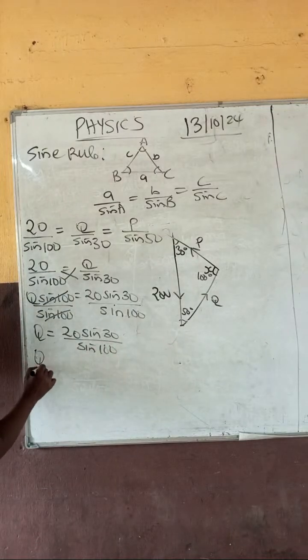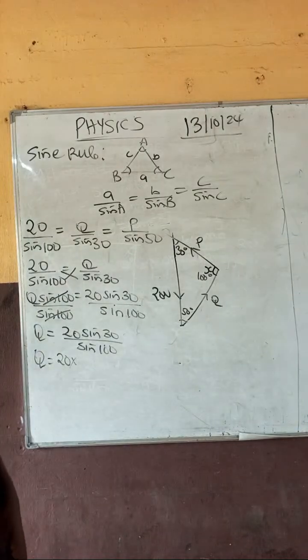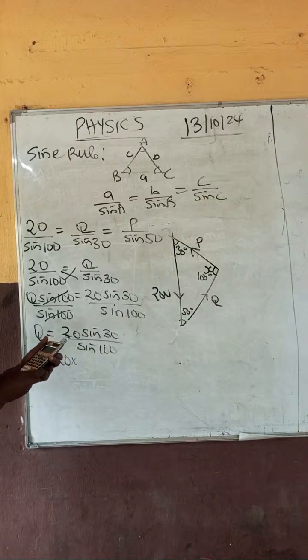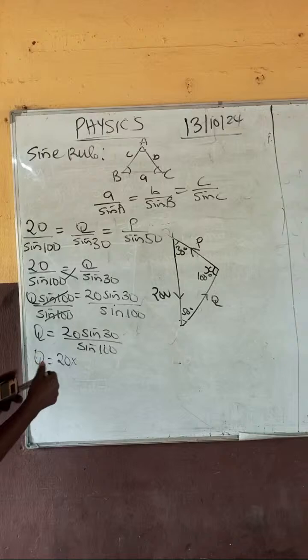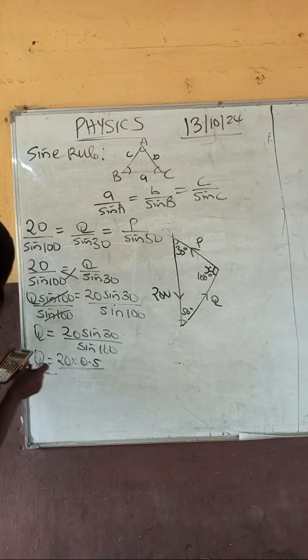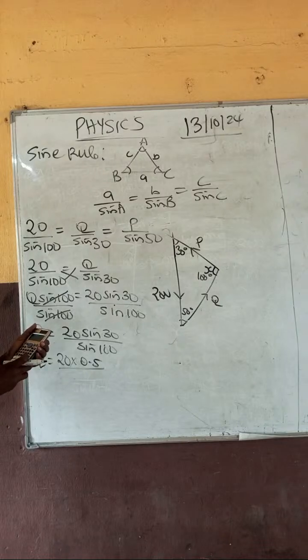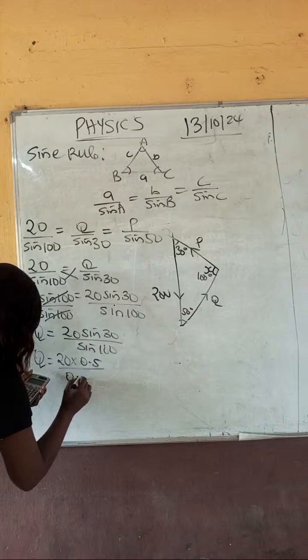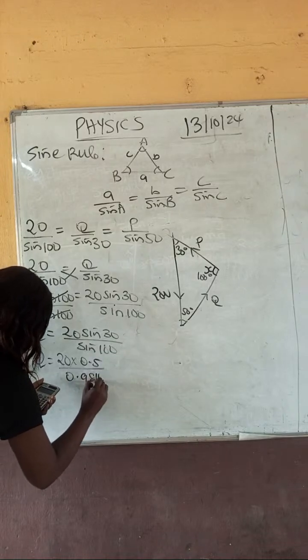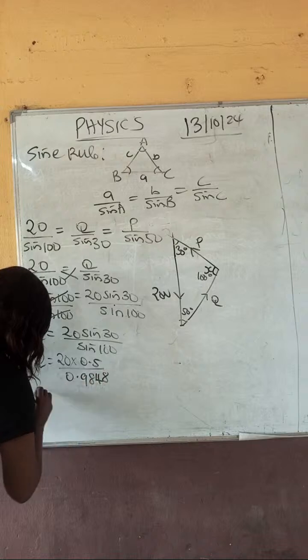Now let's go. Q is equal to 20 sine, with the help of our calculator, sine 30. Of course, we know that sine 30 is 0.5, divided by sine 100, which is 0.9848.